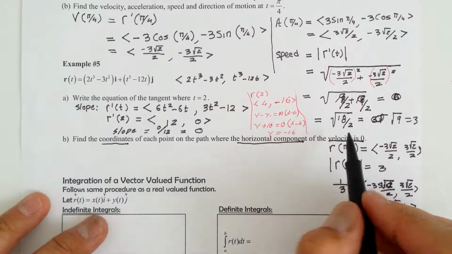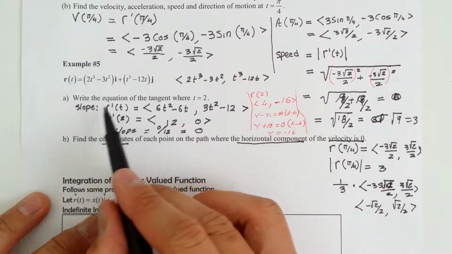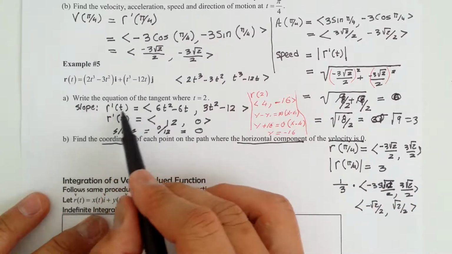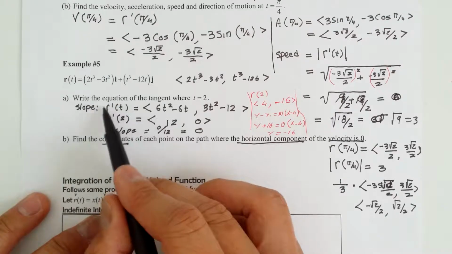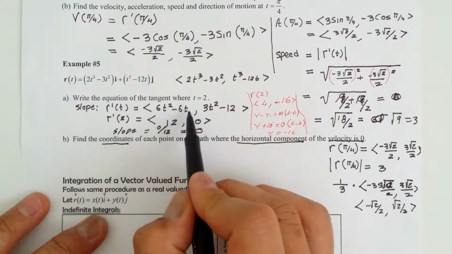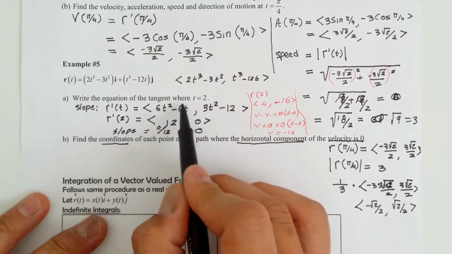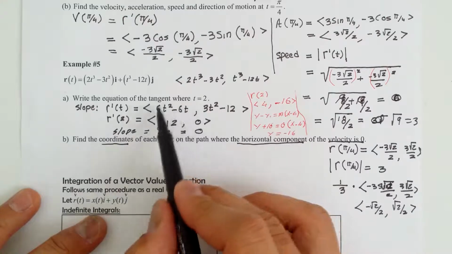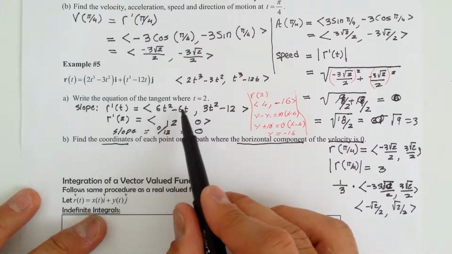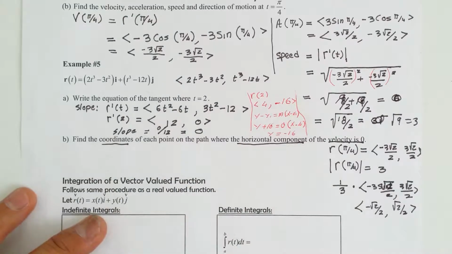All right. If you look at the first derivative, this is the velocity vector. This guy right here is the horizontal component, and we want to know when the horizontal component equals 0.